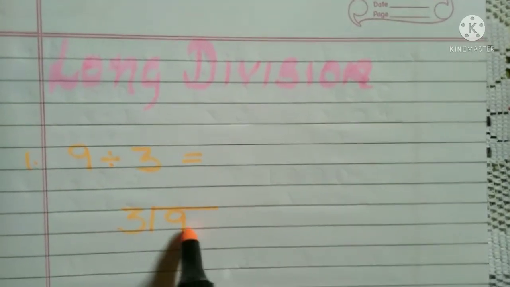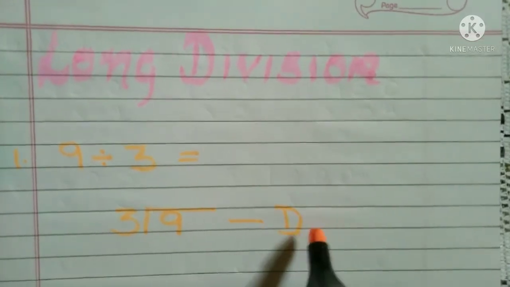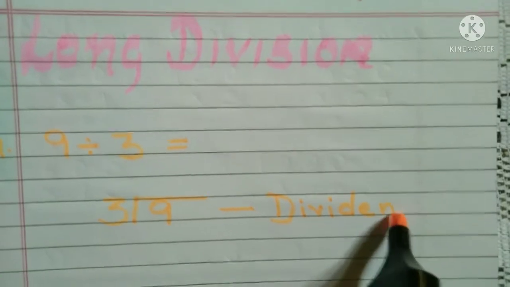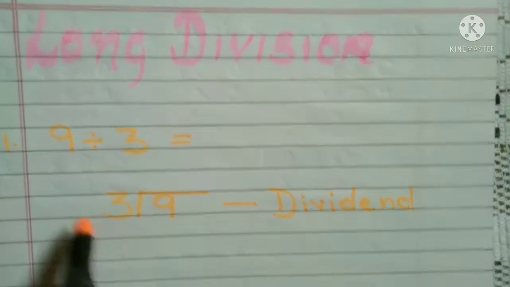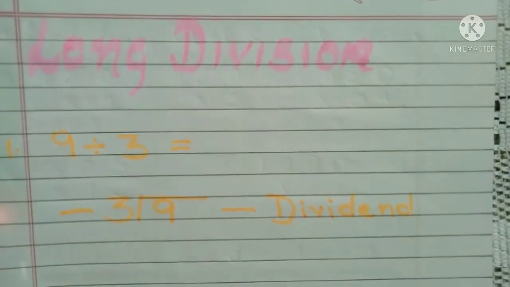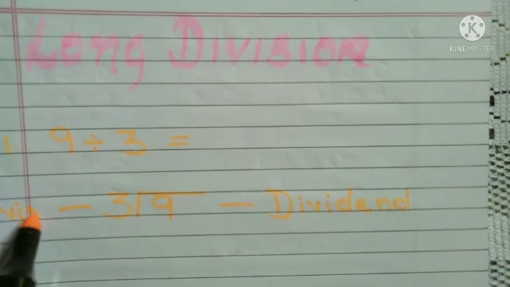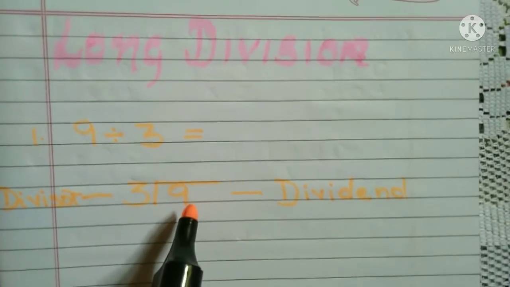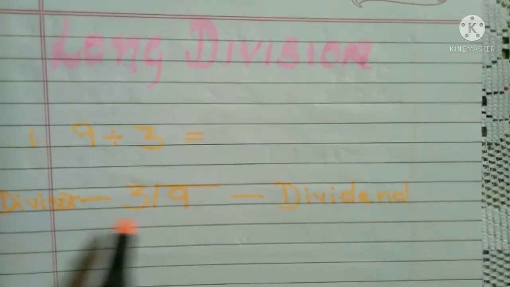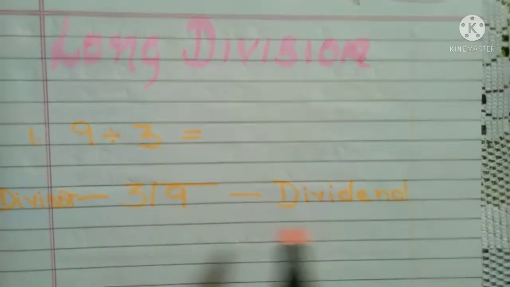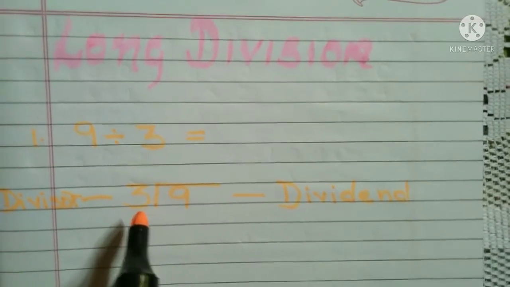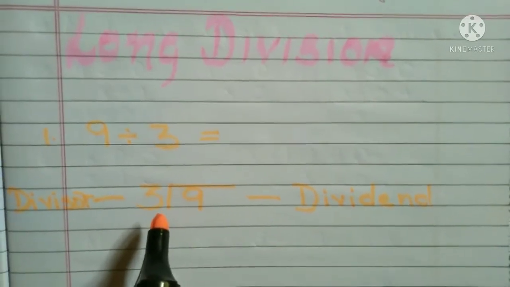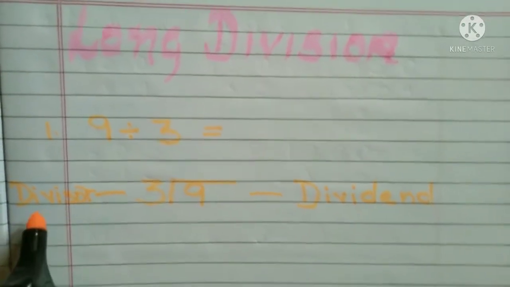This 9 is known as the dividend. 3 is known as the divisor. The number which is divided is known as the dividend, and the number which we use to divide is known as the divisor.